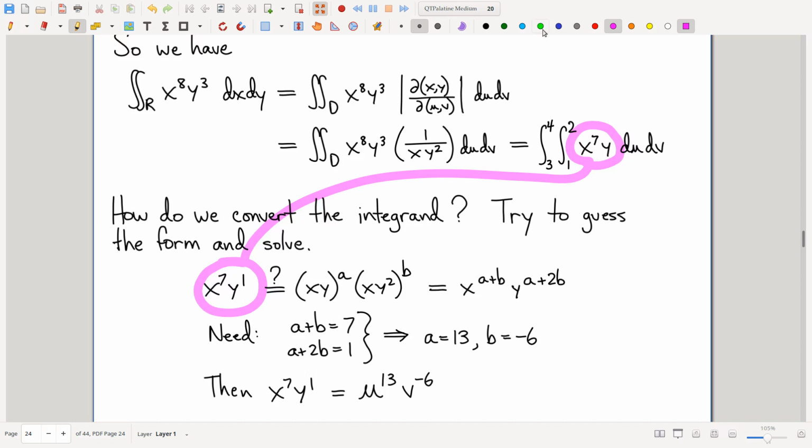My u and my v themselves are, check it out right there, products of powers of x and y. So my goal is to figure out how to take some products of powers of x and y and turn them into a different product of powers of x and y.